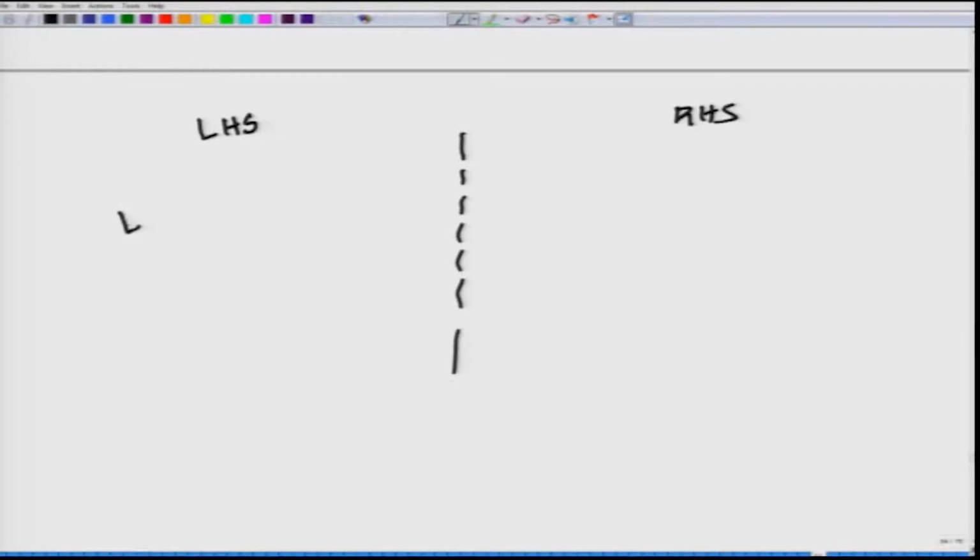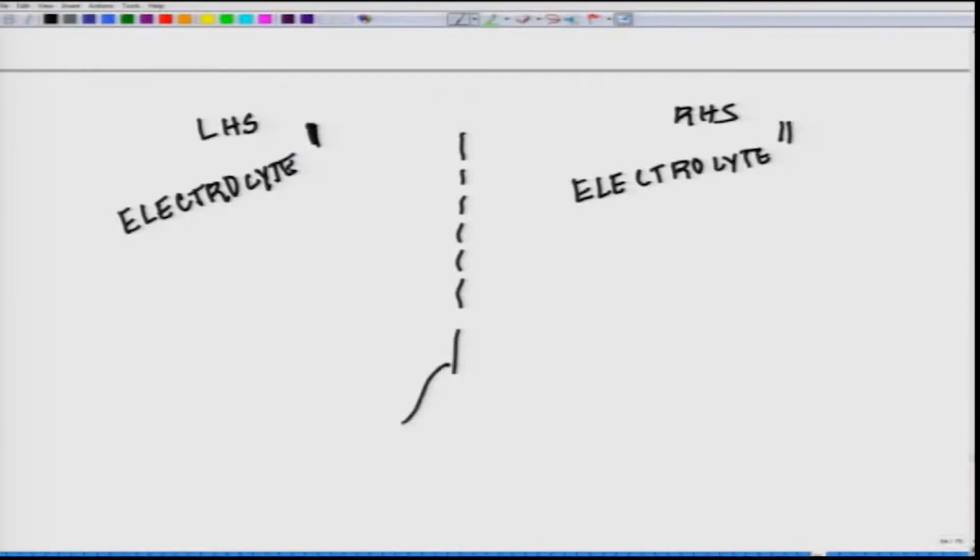So, you have electrolyte on this side, and an electrolyte of a different concentration on the other side. The different concentrations are separated by a porous membrane, which is separating the electrolytes on both sides.